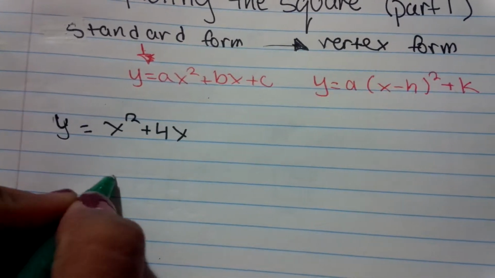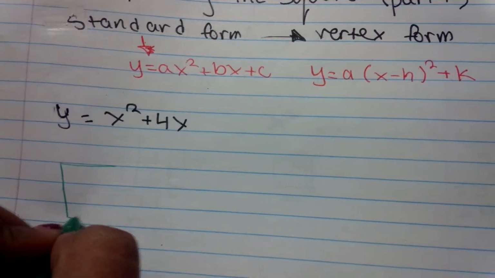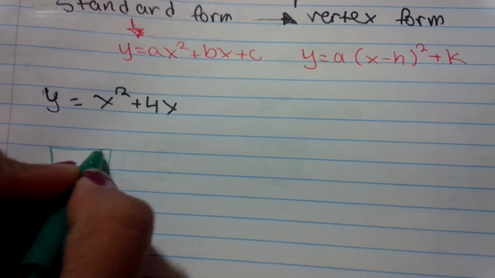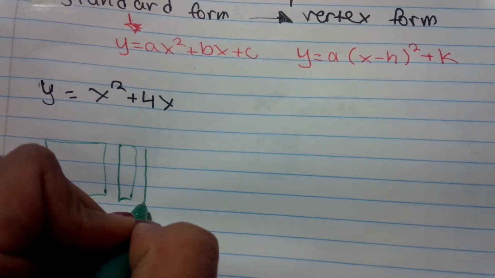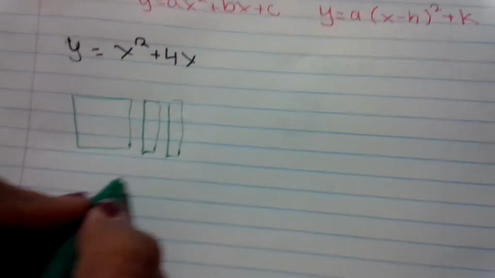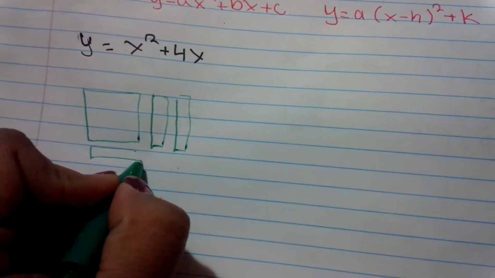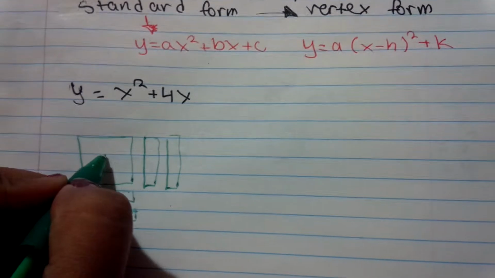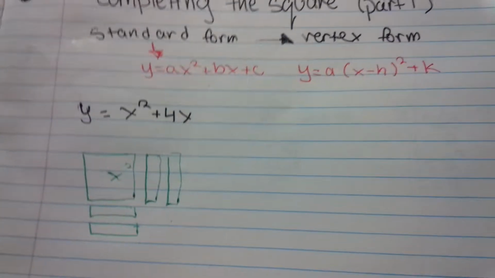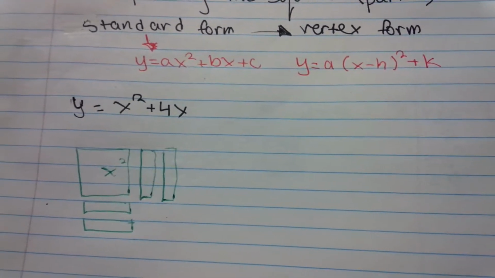Okay, so let's do x squared plus 4x. So 1x, 2x, 3x, 4x. Okay, so now that we have drawn it and labeled it, can you tell me, is this a perfect square or not?